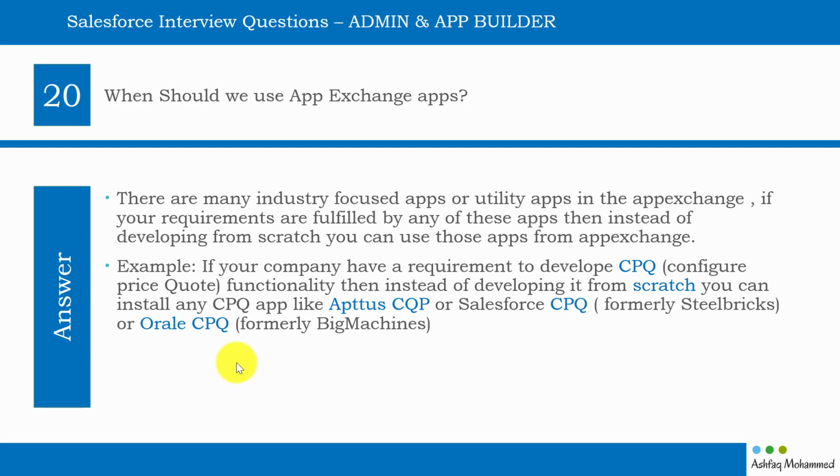If these apps need to use existing Salesforce objects, they do that by themselves, right? For example, this CPQ has to get some information from quotes, from opportunities and all those things. It will do all those things by default. You don't have to worry about integrating a lot. You just have to perform some configurations after installing it, and then you are good to go.